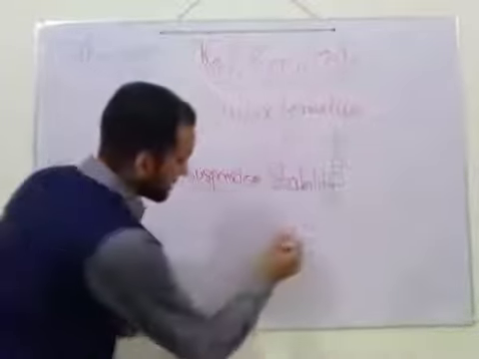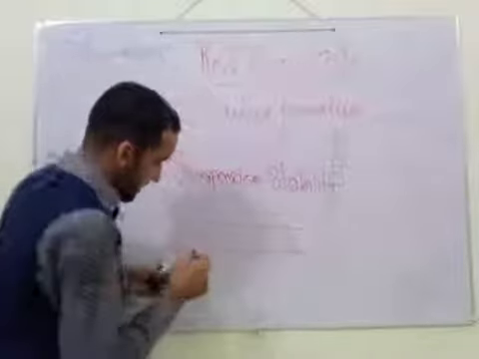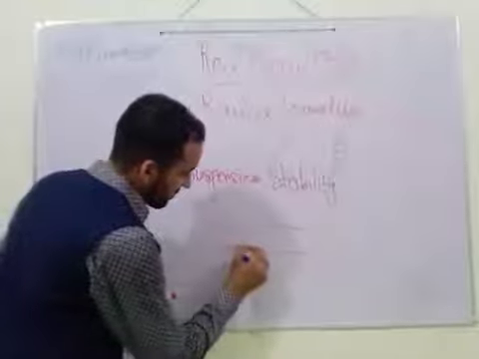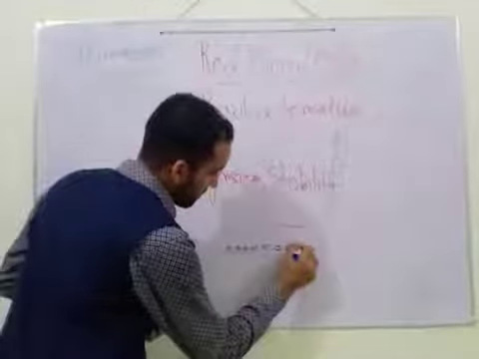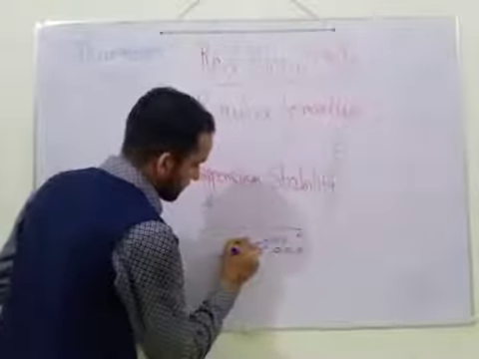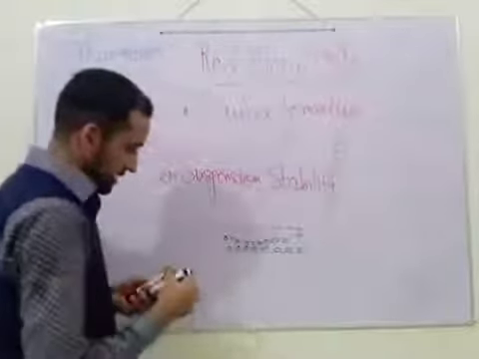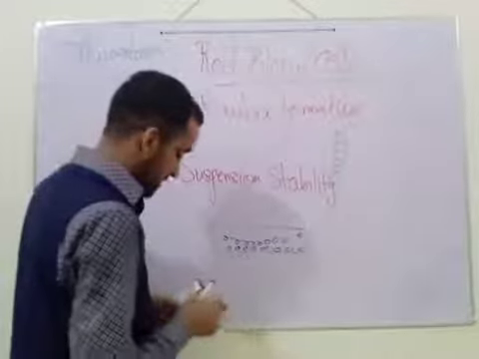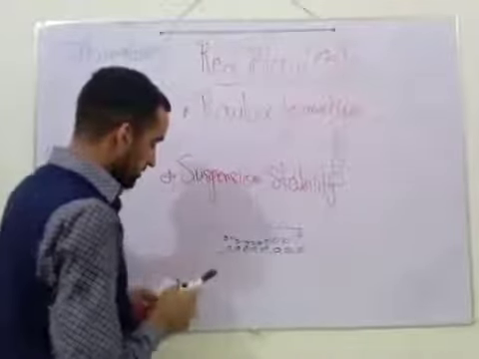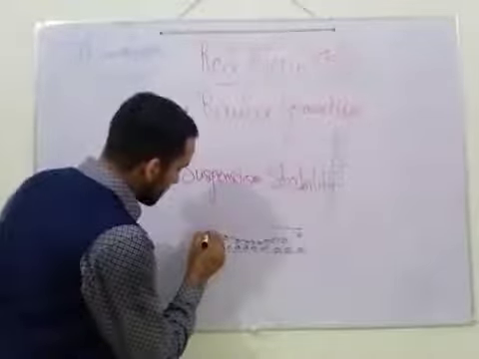For example, let me draw. This is a capillary, and this is a white blood cell. I am drawing with a blue marker, and this is from black. I am drawing thrombocytes, meaning platelets.